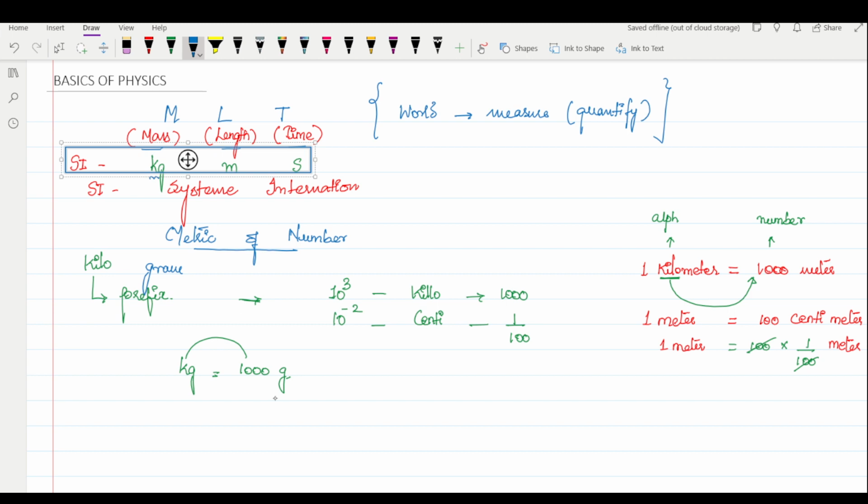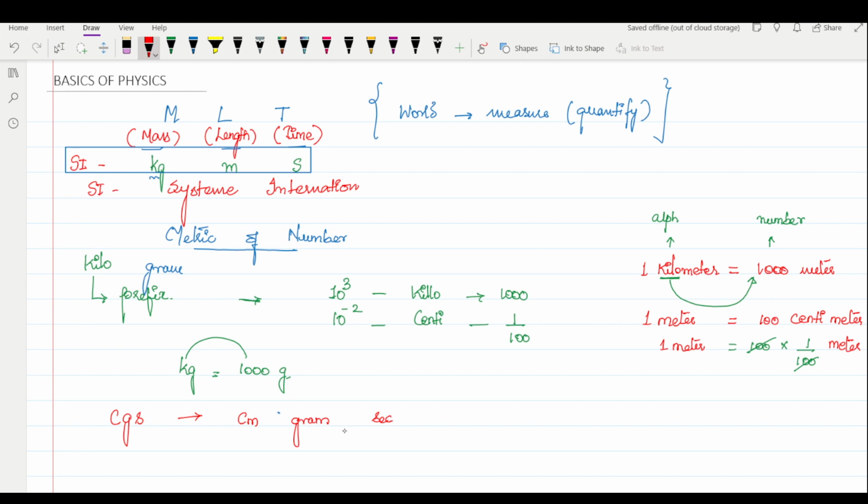Again, we do have another measuring system, which we call the CGS unit. So how are we going to measure in CGS units? C stands for centimeter, so I am measuring length with centimeter. G stands for gram and S stands for second.